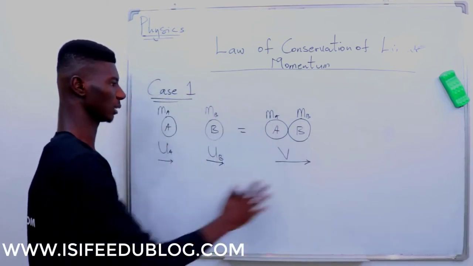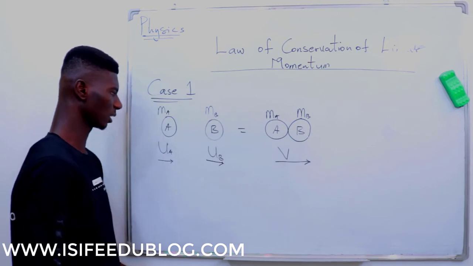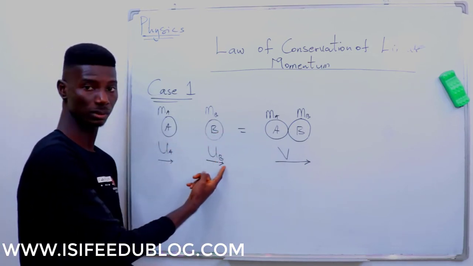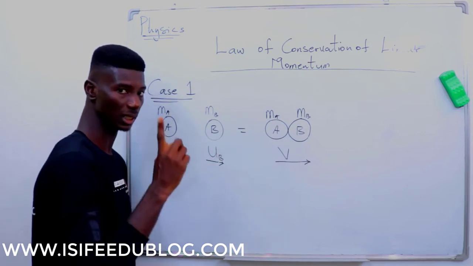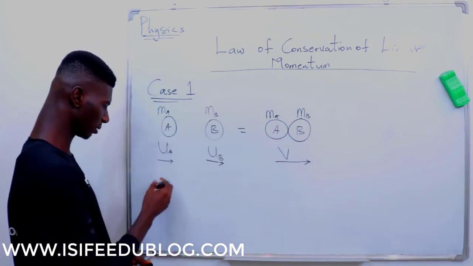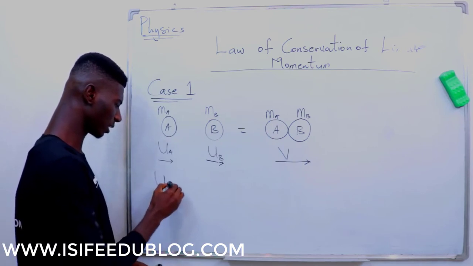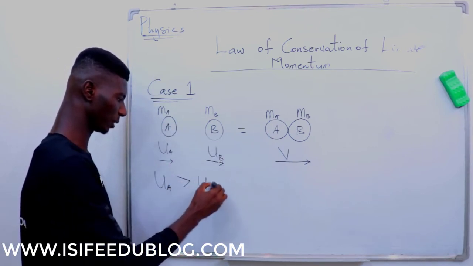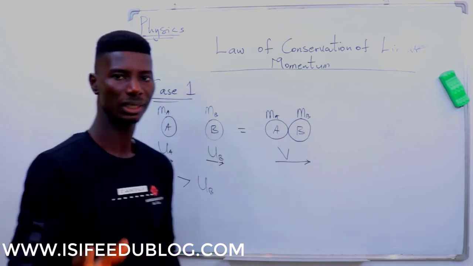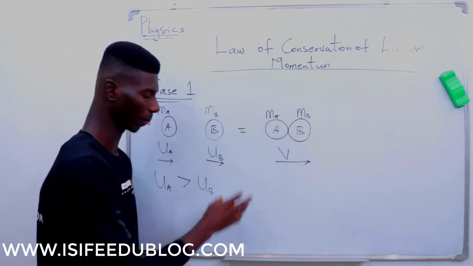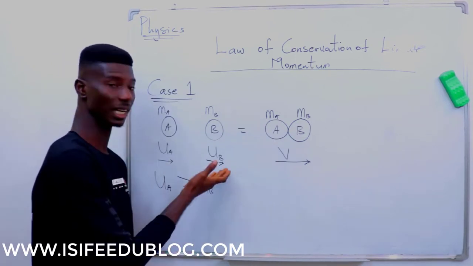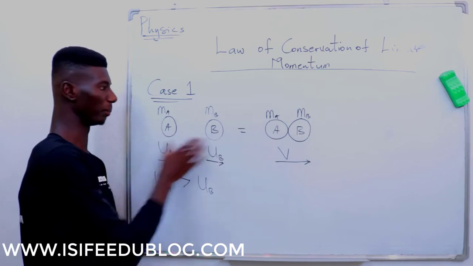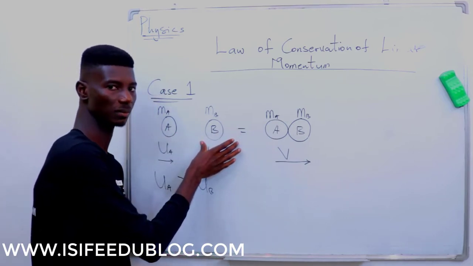What this diagram simply means is that you have two bodies moving in the same direction, but we are assuming that the initial velocity of body A is greater than the initial velocity of body B, because that is the only case where a collision can occur. So if this velocity is bigger than this, there is a tendency of this particular body meeting this, certainly.